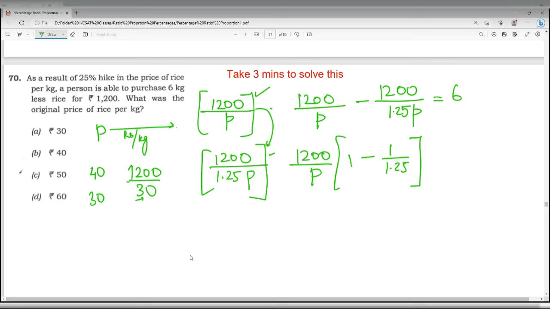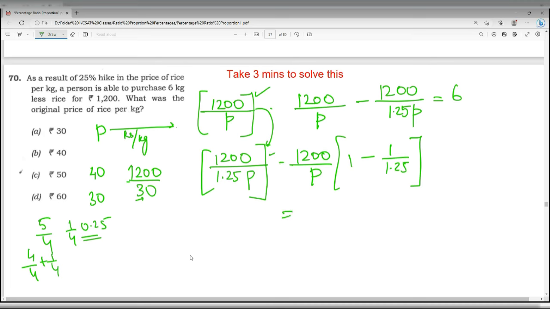Now if I remove 1200 by P as common, this would be 1 minus 1 by 1.25. This 1.25 I can write as 5 by 4, because 1 by 4 is 0.25, and if you add 4 by 4 plus 1 by 4, this will be 5 by 4, which is 1.25.